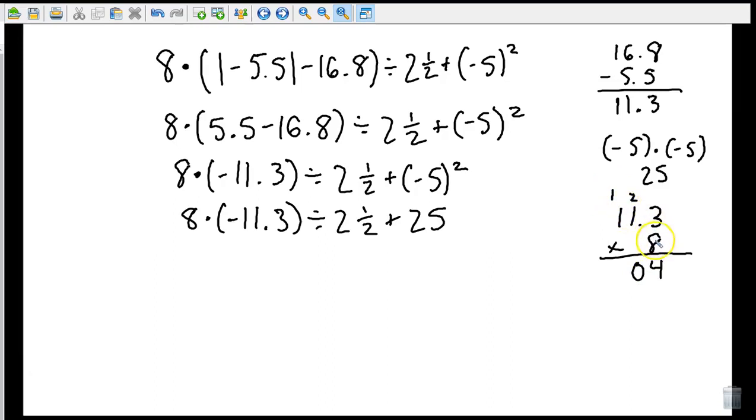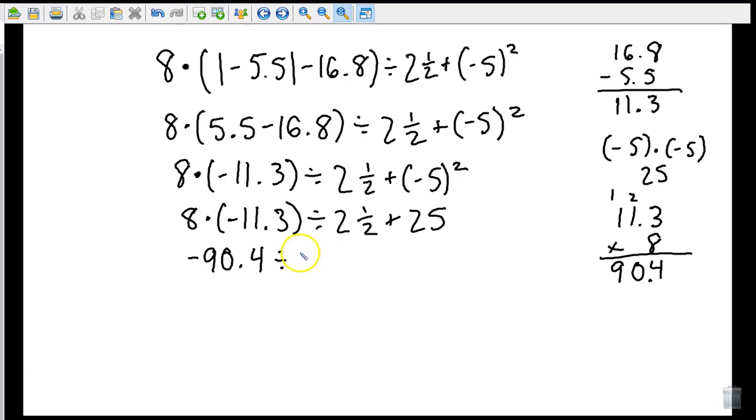Carry the 1. 8 times 1 is 8 plus 1 is 9. How many decimal places do I have? 1, so I put it over here. 90.4, okay? Negative 90.4.